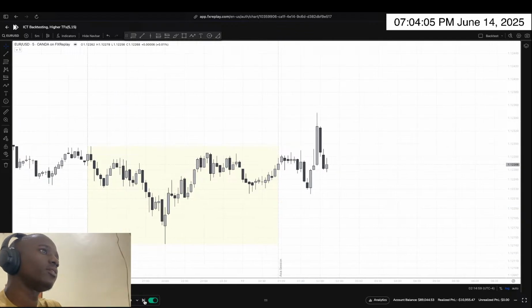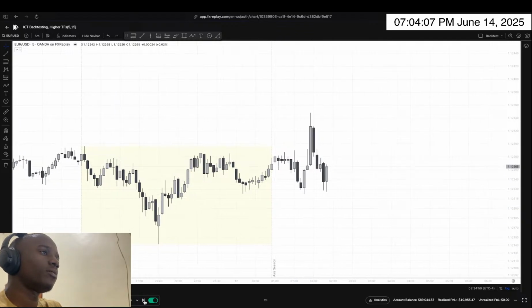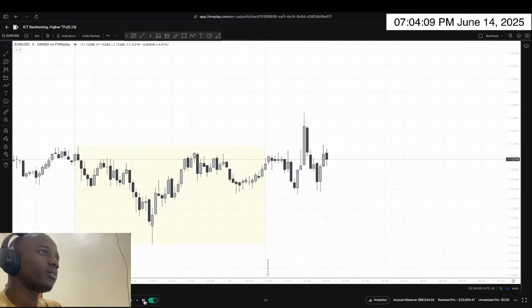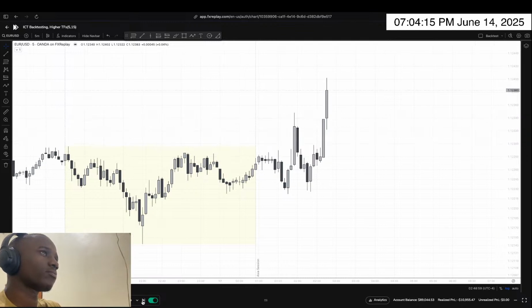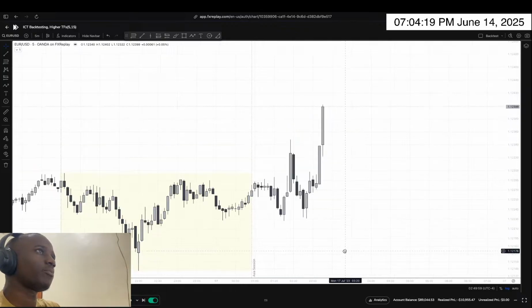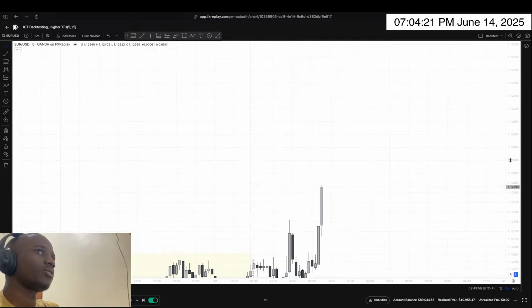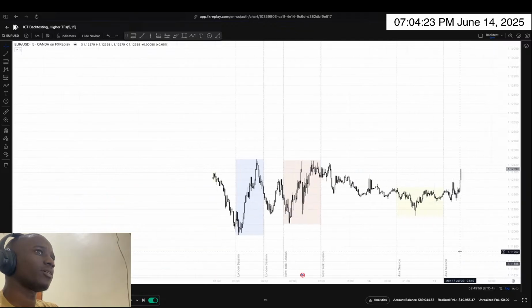Okay, so drop a bit, and we can see that London's about to start. Now we shift structure. Keep in mind we have a really great strong draw on liquidity on the upside.